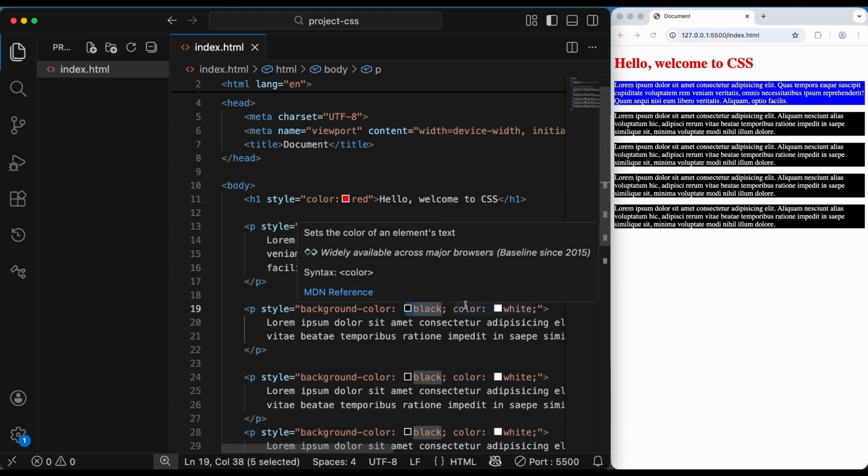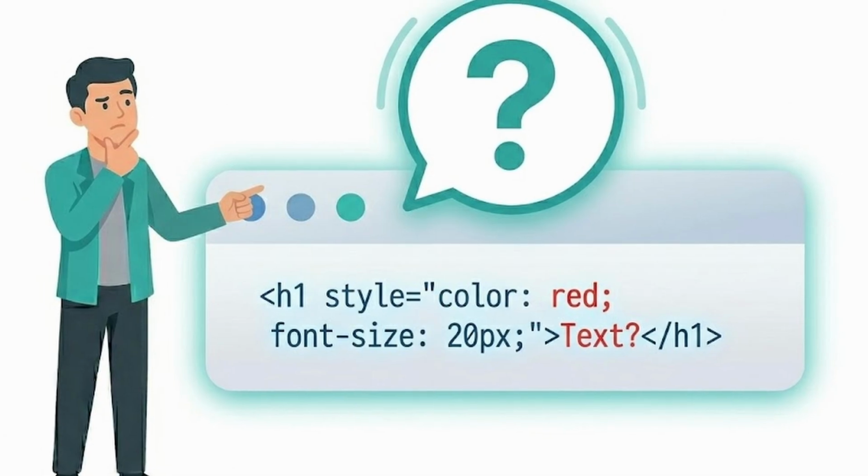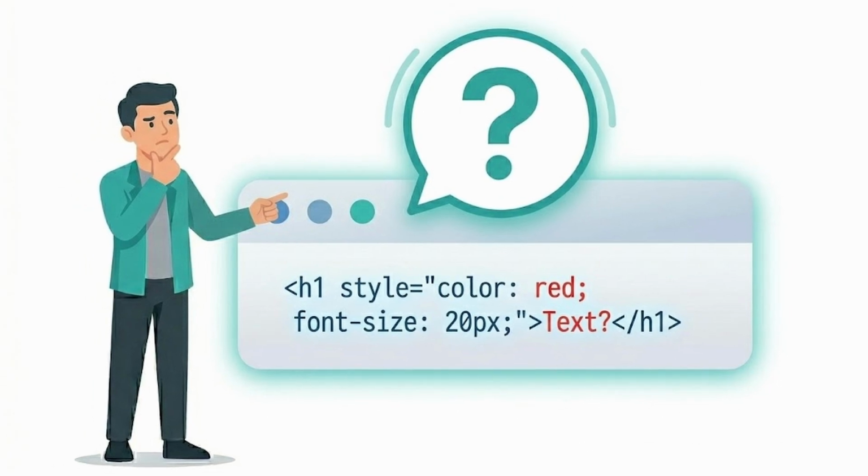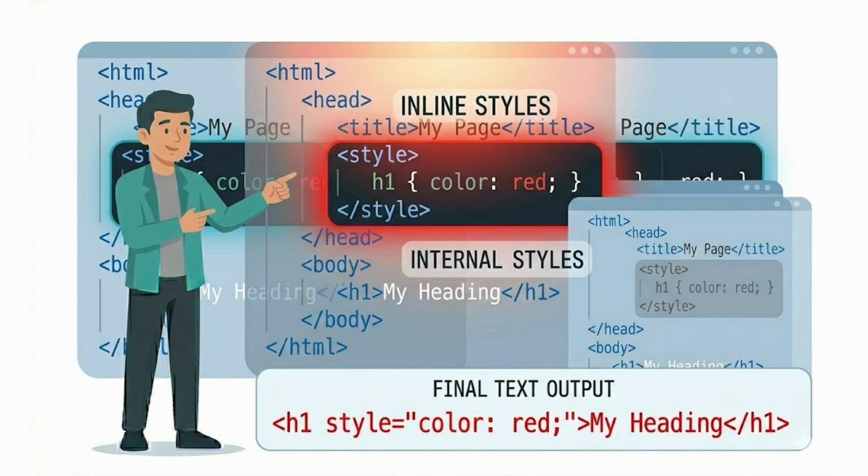So that's why inline CSS is bad. But if it's really bad, why is it here? That's because we can override internal or external CSS, which I am going to talk about next, and we can use this inline CSS to override those external and internal CSS rules.